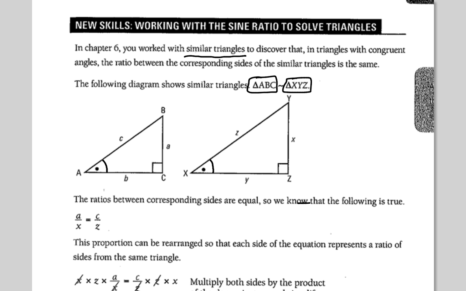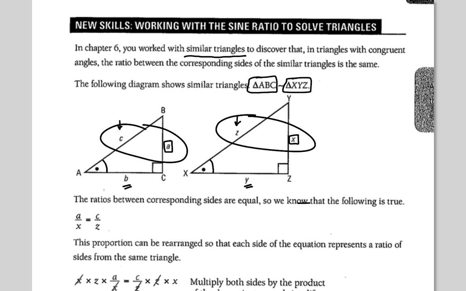Now we must understand that the ratio of sides would have to be preserved. So A and X are related, and Z and C are related, and B and Y are related. So in trigonometry, you only deal with two sides at a time. So let's take a look at the relationship with X and Z and C and A and how they are related.